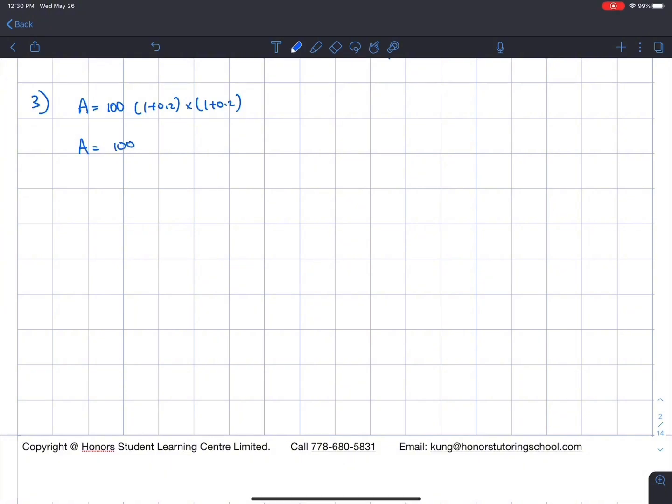We get 100 times 1.2 times 1.2, and we get 144. So the total percent increase is going to be the ending minus beginning divided by beginning times 100%. And we get 44%.